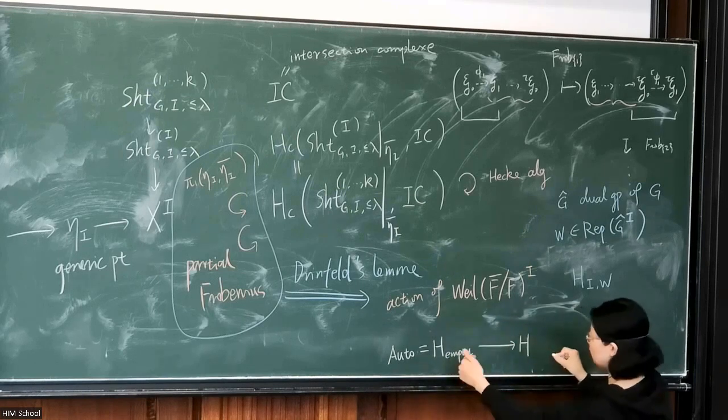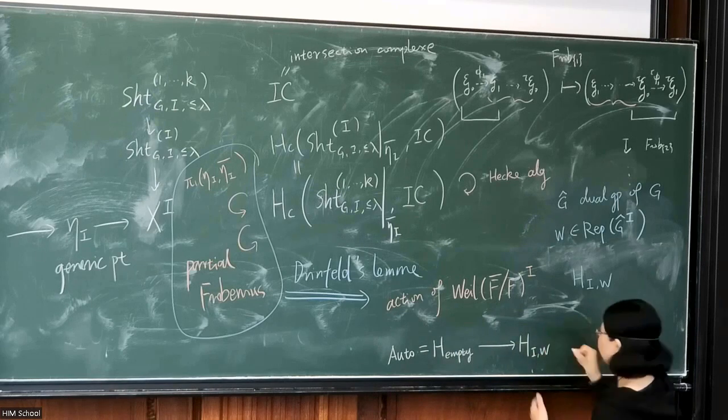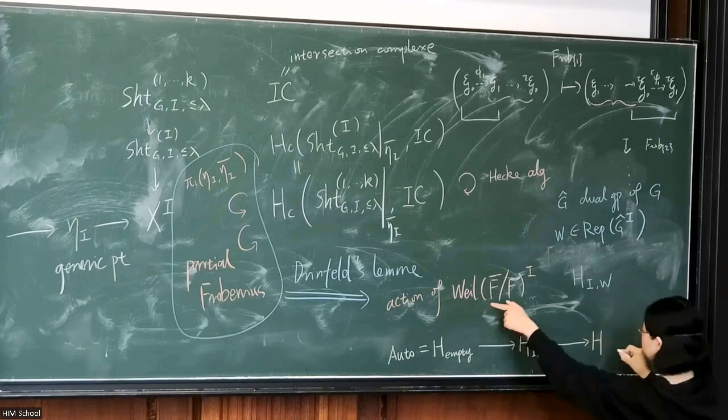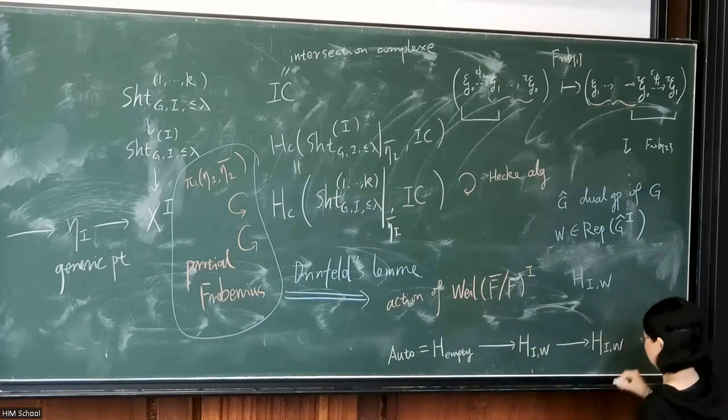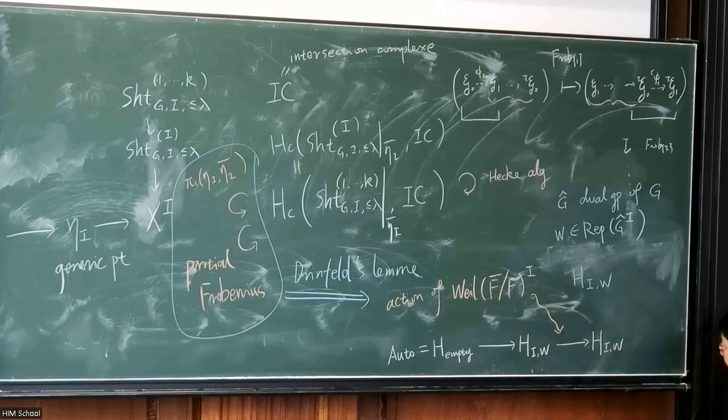You can relate the cohomology with empty legs to the cohomology with arbitrary legs you want, and then you make the action of this V group, and then you go back to the cohomology without legs.